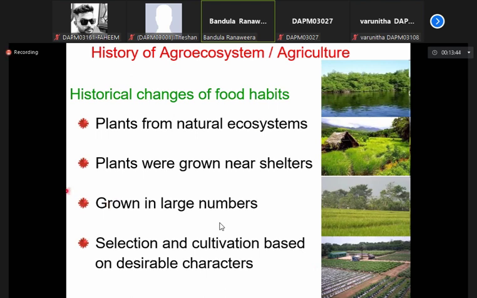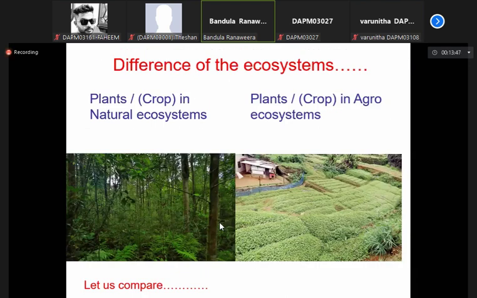So we were searching for food in natural ecosystems like these forests, and now we have food production in these types of ecosystems, agro ecosystems, and obviously, you can easily understand, no need to explain, that these are two different environmental systems or ecosystems.